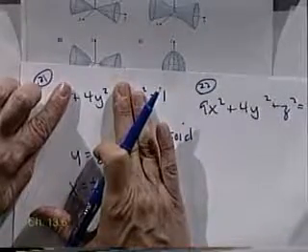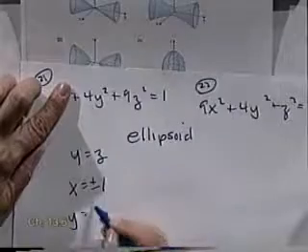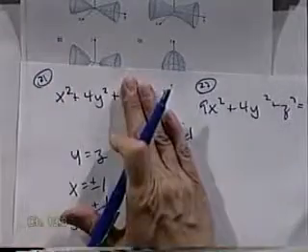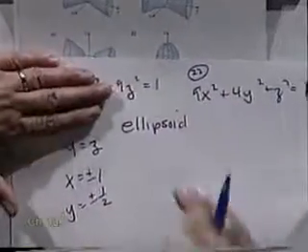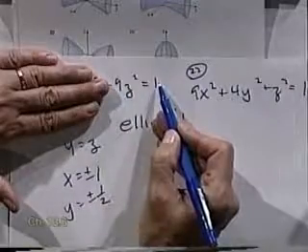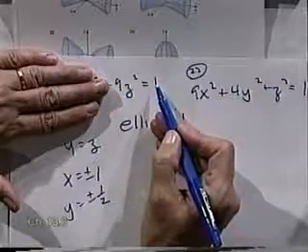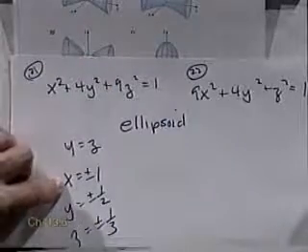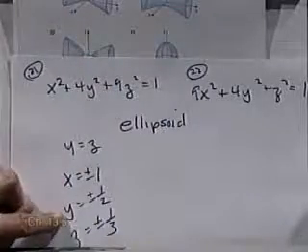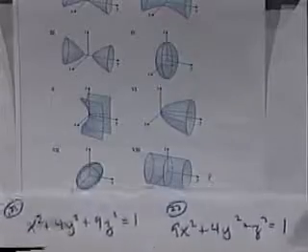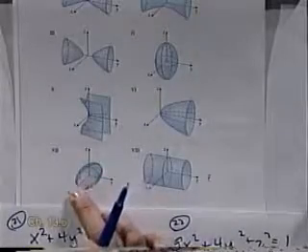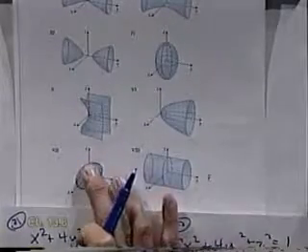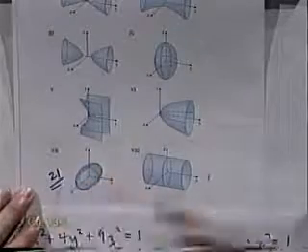So y is going to be plus or minus a half. And if I let x be 0 and y be 0, I have 9z squared is 1, so z would be plus or minus a third. So you can see this ellipsoid's fatter in the x direction than it is in the y or the z direction. I bet you he's 21.